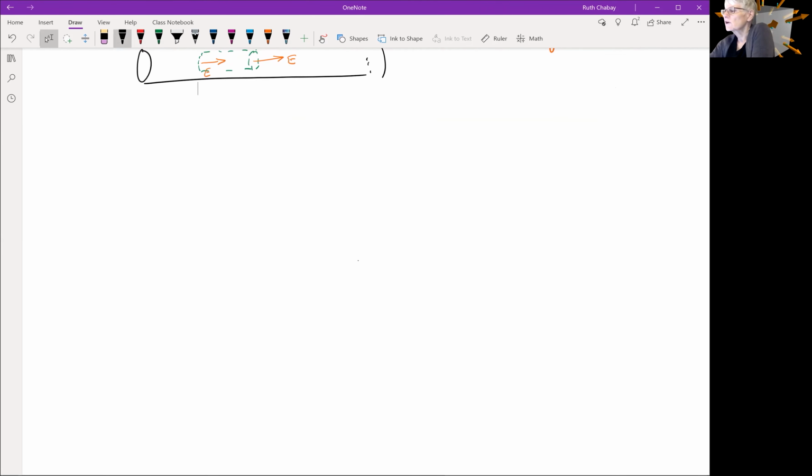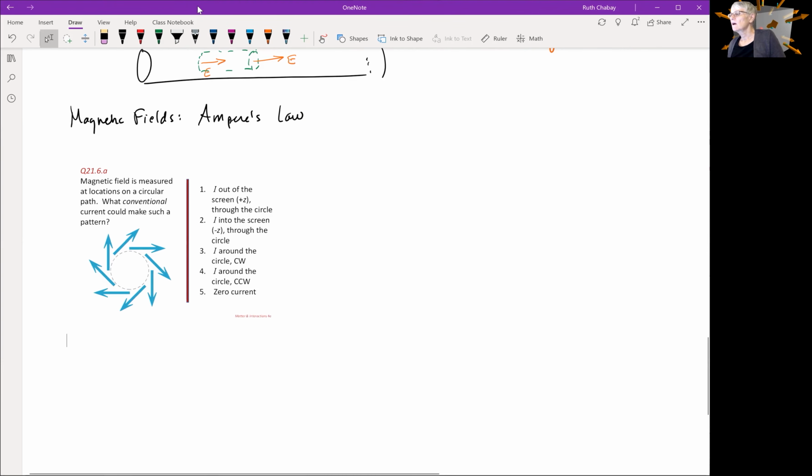Okay, so I want to talk about Ampere's law, which is about magnetic fields. It's about patterns of magnetic field in space, which we know are really very different. And it's about taking a circular path and looking at magnetic field on a circular path, so more like potential differences.